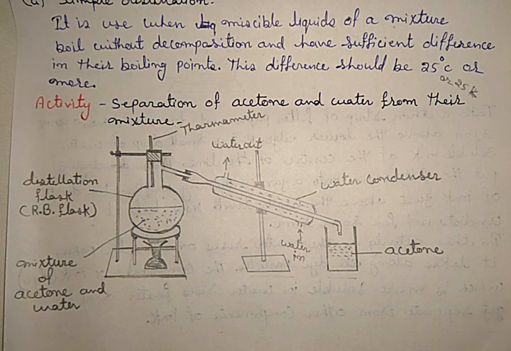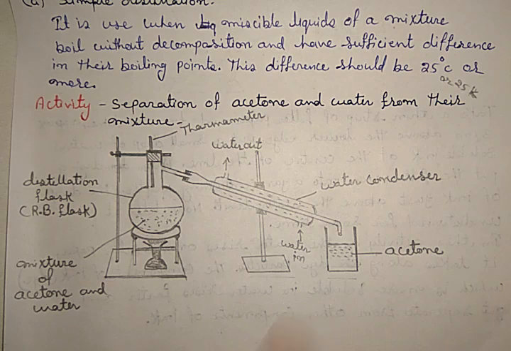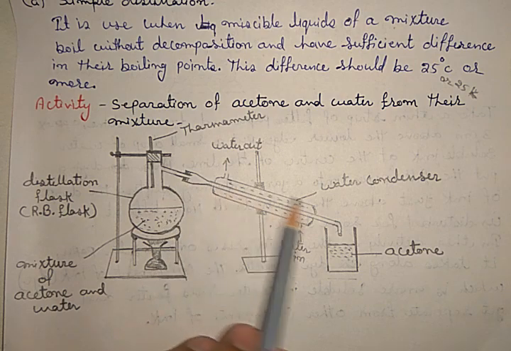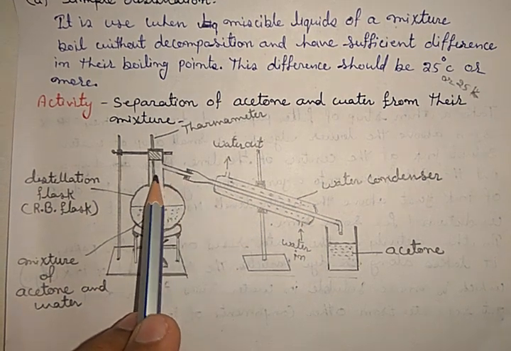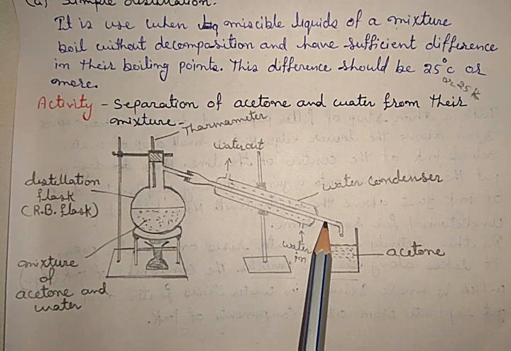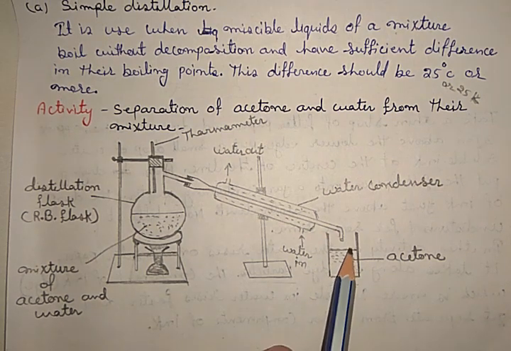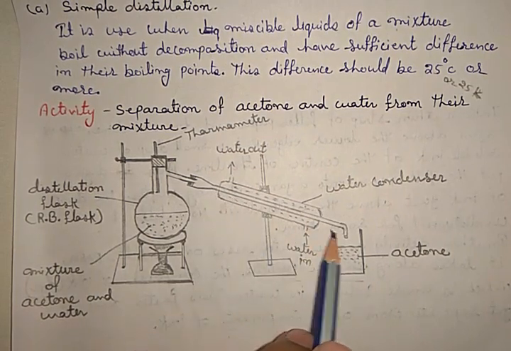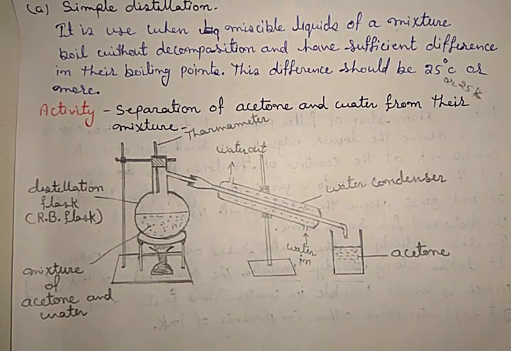Here the condensation process takes place with the help of water, that's why it is called a water condenser. Otherwise there are other condensers like air condensers. Okay, clear? The condenser assembly's first end is connected with the round bottom flask, and the second end is the outlet. That means the liquid which condenses here comes out from that point.